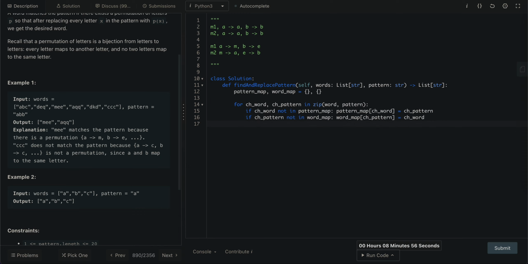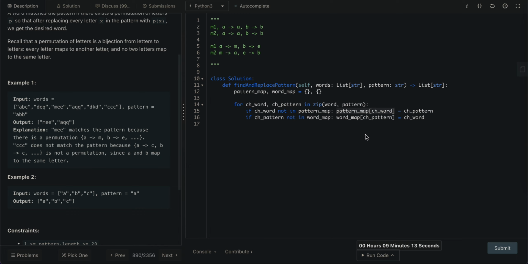Now we have added these two things, we know that these characters should be exactly equal.